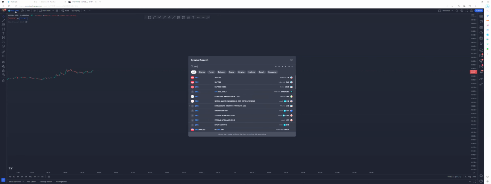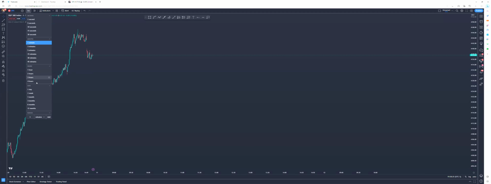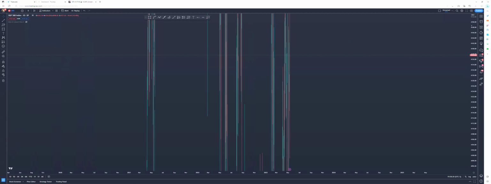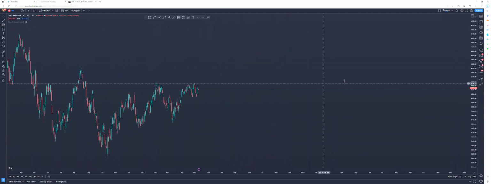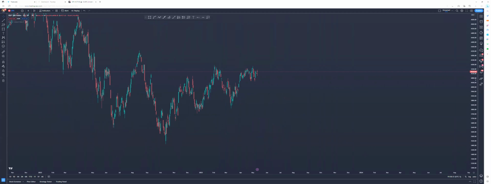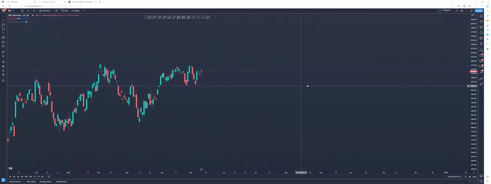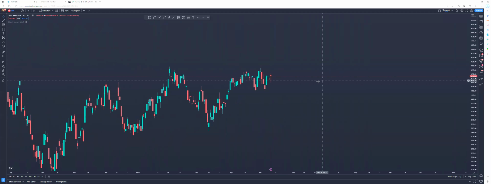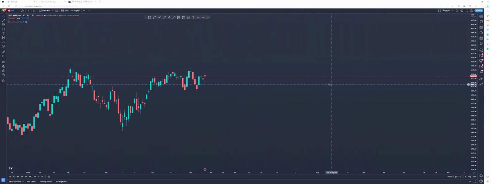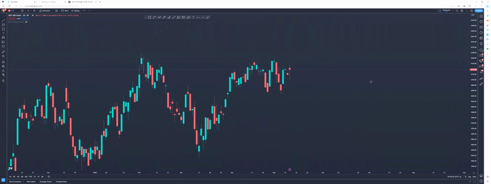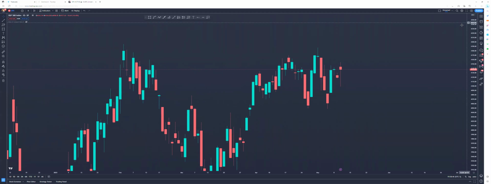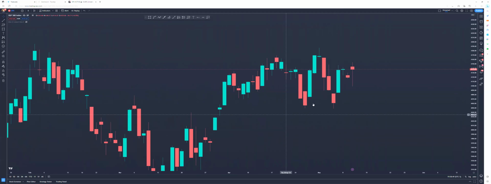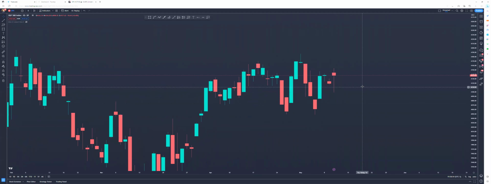All right, so let's start with SPX, a daily. Everybody see my screen?